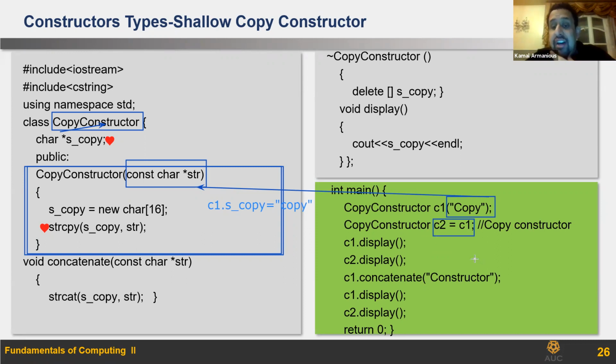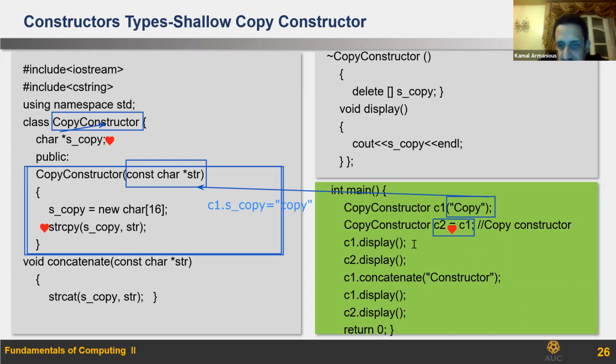طيب ايه اللي بيعرفني ان انا محتاج اكوبي C1 to C2? This equal sign. C2 equal C1. طيب this is a shallow copy constructor. A shallow copy constructor means C1 and C2 will be in the same memory location. طيب C1.display, this means what?